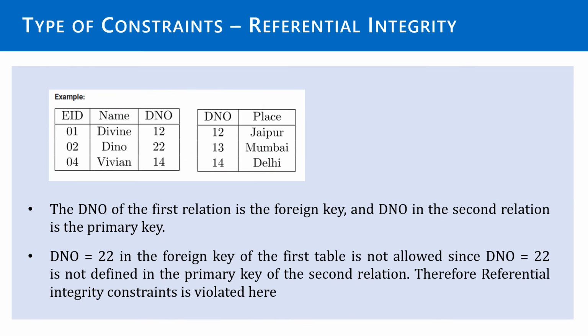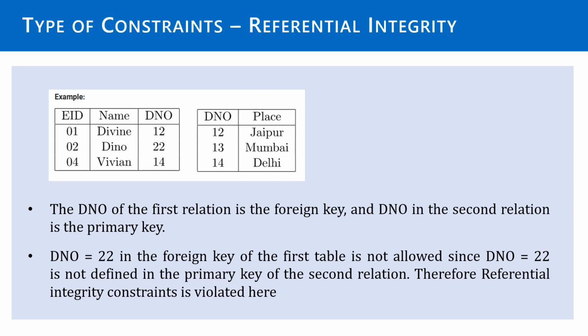Let us consider one more example. Here we have two tables. The first table has EID, name and department number as attributes, and the second table has department number and place. The department number in the first relation is the foreign key and the department number in the second relation is the primary key.